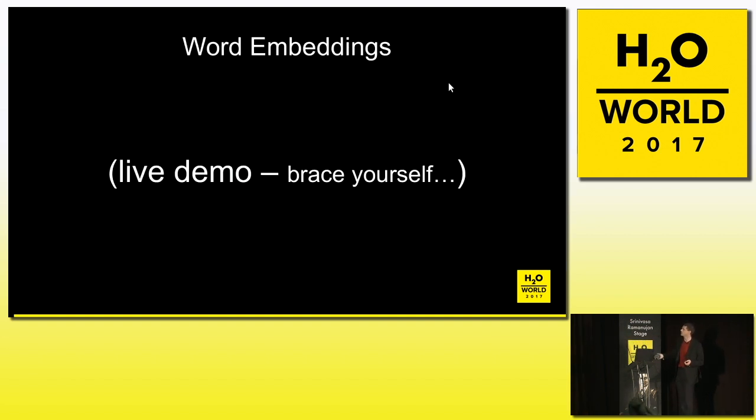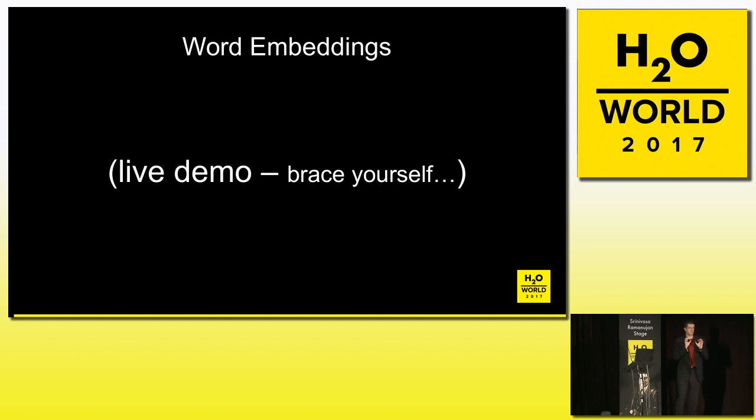Oh, yeah, let's skip over that. So I'm going to show a live demo in a moment in R, hopefully. The way word embeddings works is you take a large corpus of text data, and it looks for the surrounding context of the word.